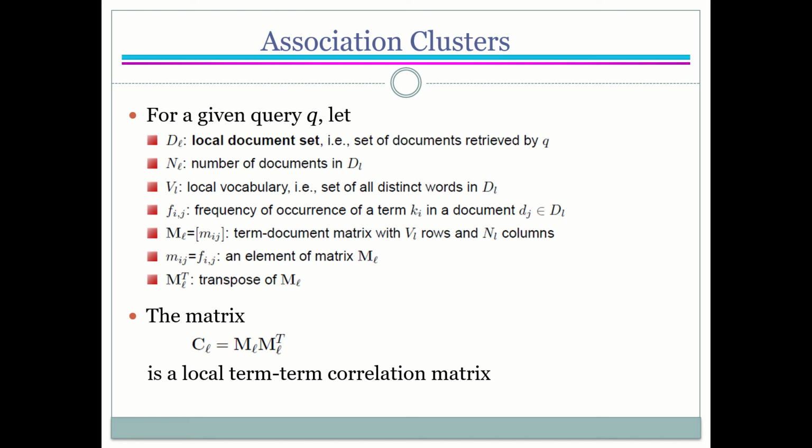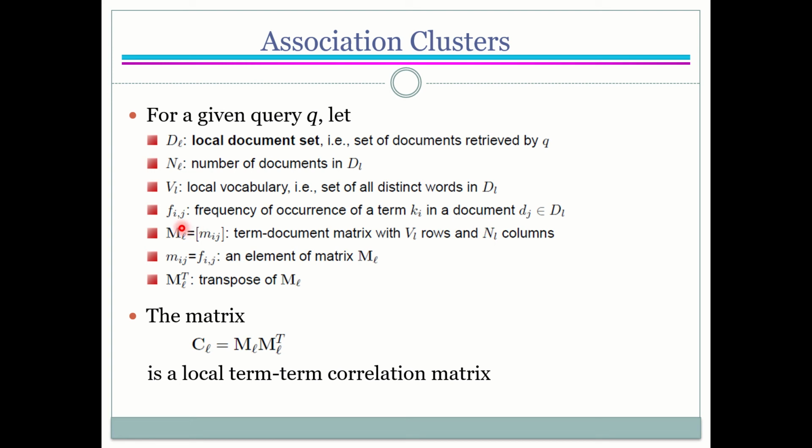For a given query Q, let D be the local document set, which is the set of documents retrieved by Q, and N be the number of documents that we retrieve using the query Q. Based on the documents retrieved, we look into the distinct words that we can extract from them, and from there we can form the term-document matrix by computing the frequency of occurrence of each term found in the documents.